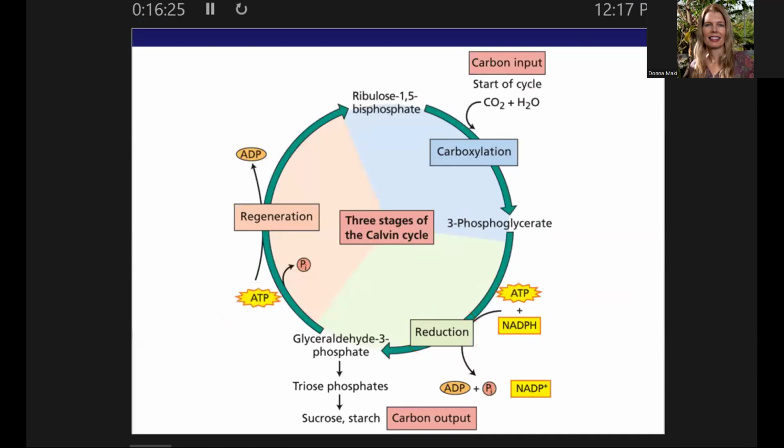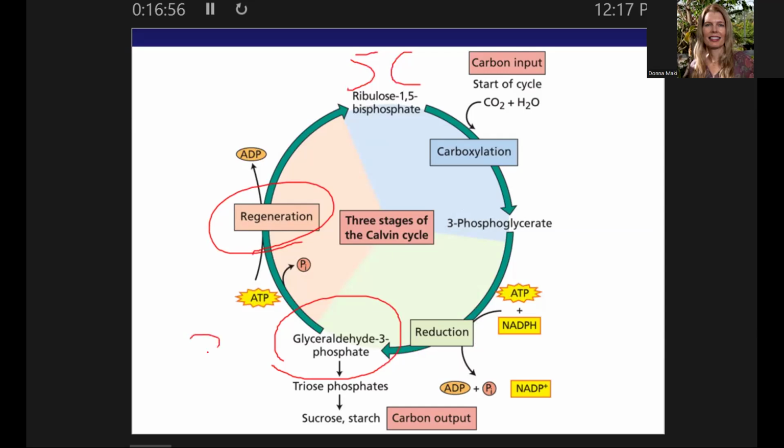Then the last stage is regeneration. That word is being used to refer to the idea that you're going to regenerate RUBP. And so you see the glyceraldehyde 3-phosphate as the starting point of this last phase. And you go from glyceraldehyde 3-phosphate back to a 5-carbon. So remember, RUBP is 5 carbons.